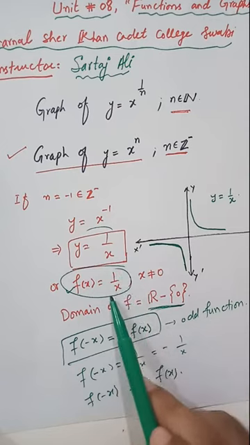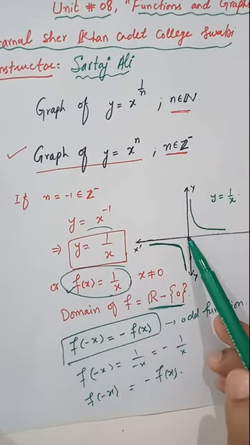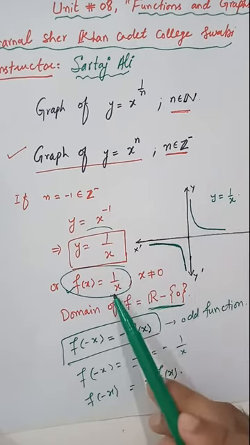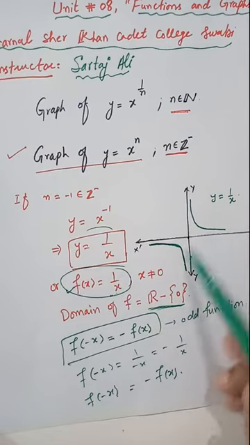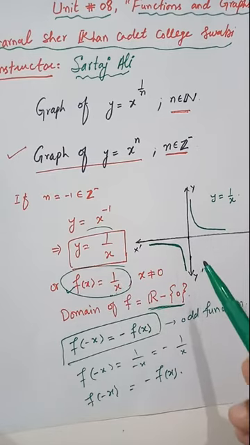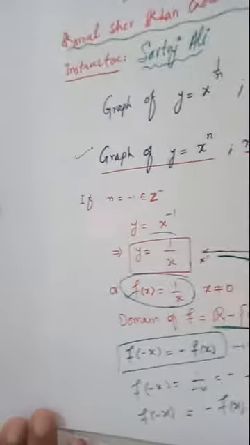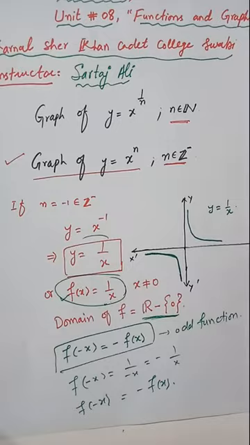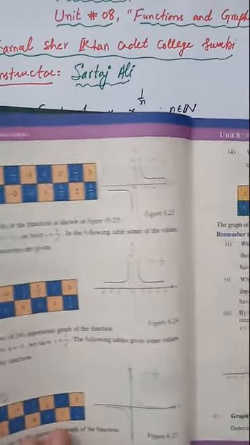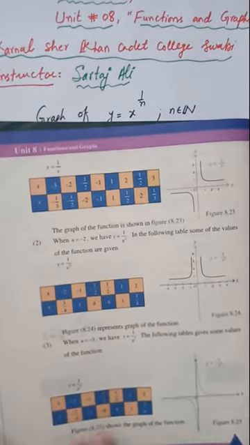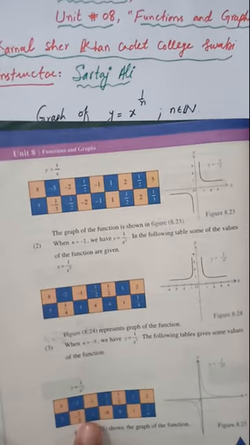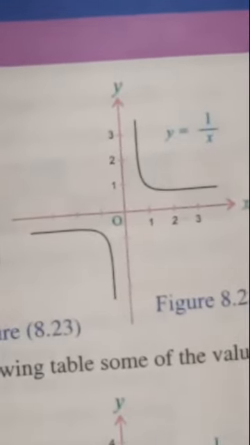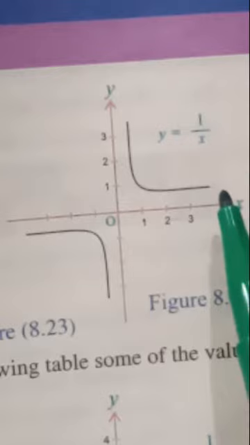This function is an odd function, symmetric about the origin, and the graph of 1 divided by x must be in this shape. Okay, now if you look at the book, you clearly see this is the graph of y equal to 1 by x.